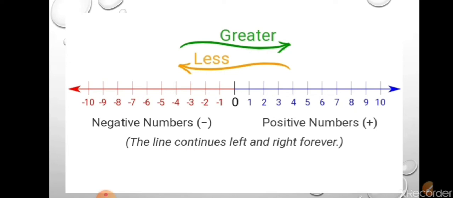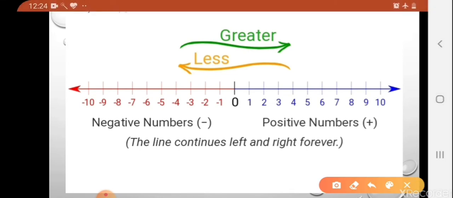Now you can see a number line is drawn. In the middle you can see there is 0. On the right hand side, blue side, you can see that there are positive numbers.